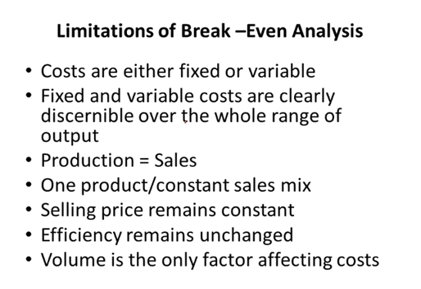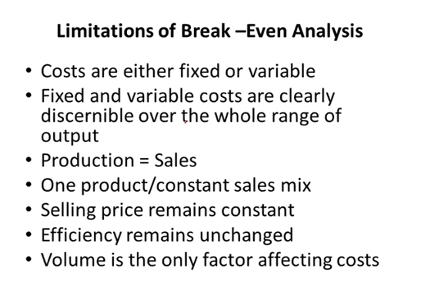One product, a constant sales mix, or we are producing only one product. We are assuming the selling price remains constant, which may not be true in cases other than the perfect competition or a very strong monopoly which has complete control over the prices.